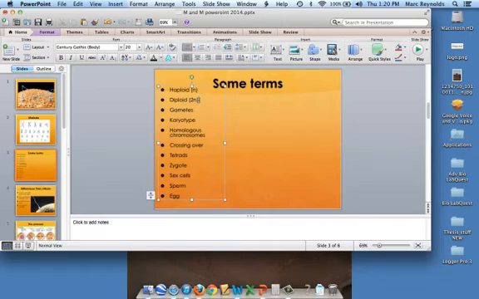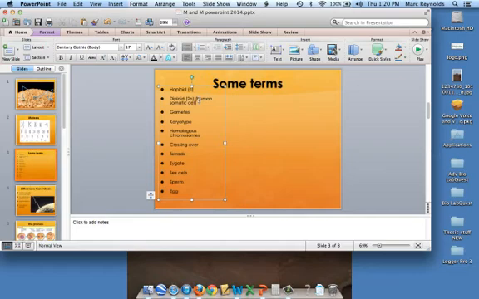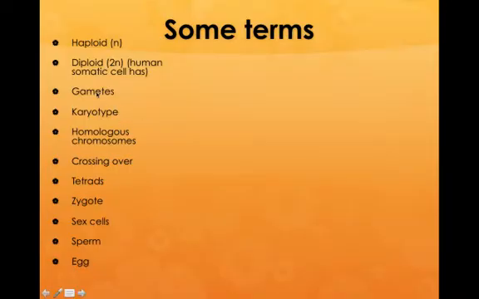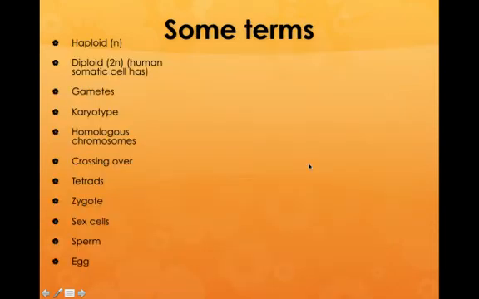2N is what a human somatic cell has. Okay. Gametes are sperm and egg. All right, these are gametes. So gametes are sex cells that have half the DNA. They're usually N, they're haploid.